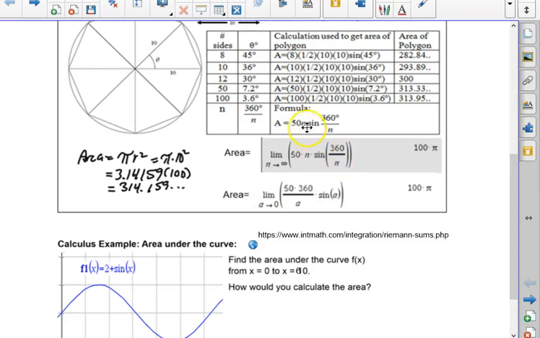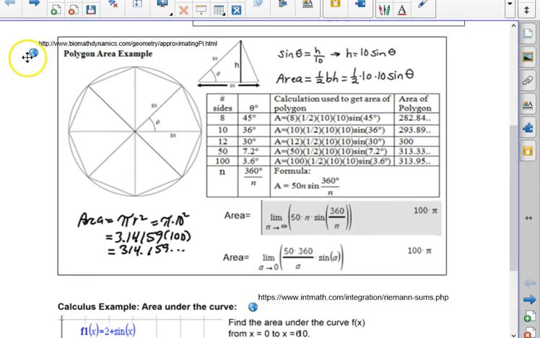So here we have A is the number of degrees. As the actual number of degrees goes to 0, or if the number of triangles goes to infinity, we end up with the area being equal to the area of the circle. And there's actually a cool little animation I can show you about that.